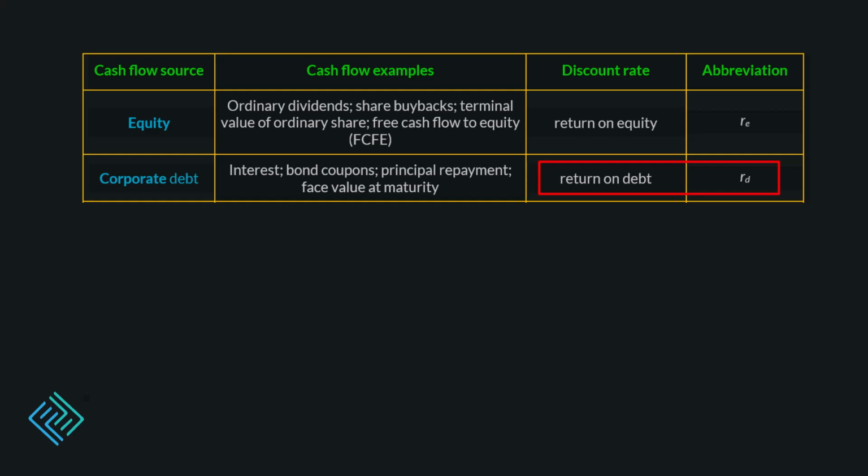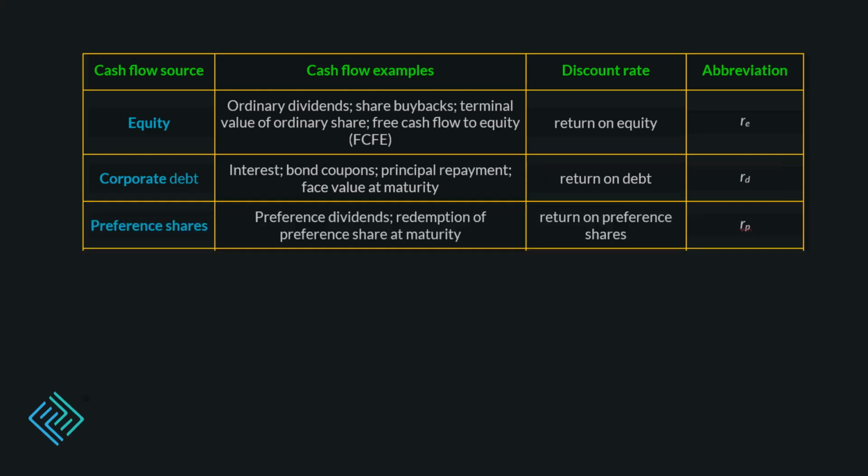For preference shares, much more straightforward. There are usually just preference dividends, and if the preference share is redeemable at a particular maturity date, that redemption amount would also be a cash flow that would be discounted, this time at the rate of return on, unsurprisingly, preference shares.